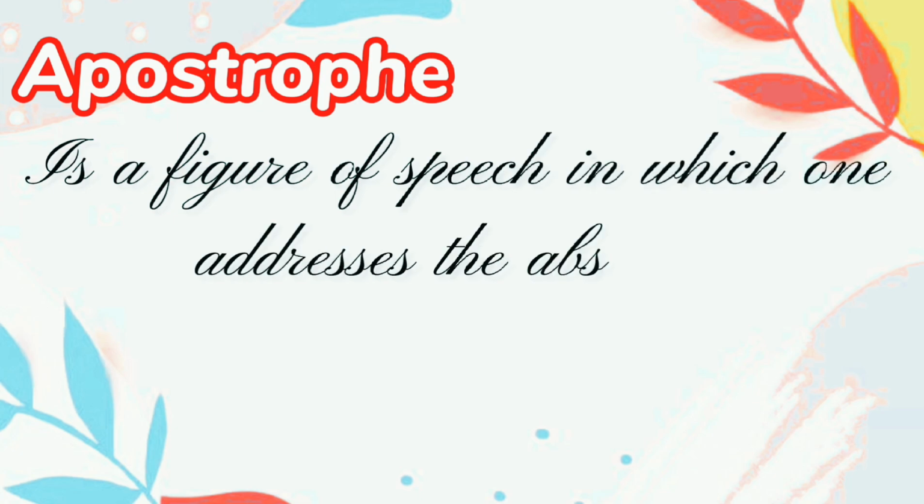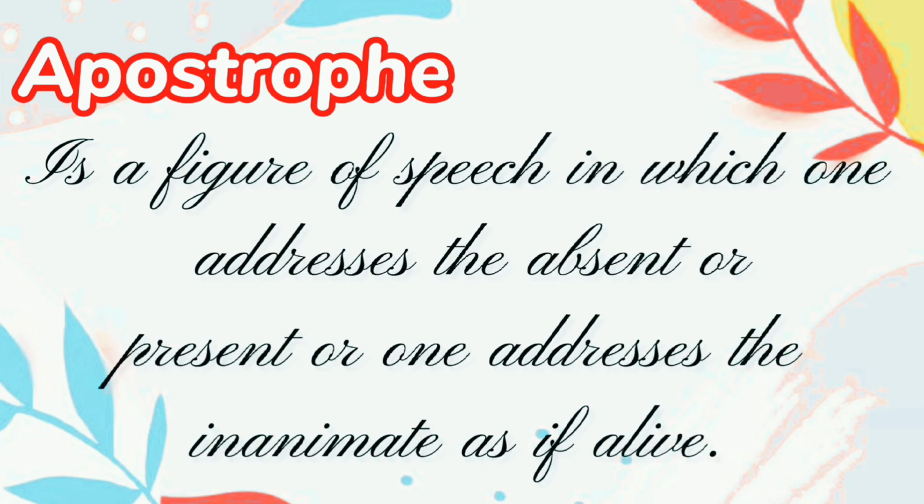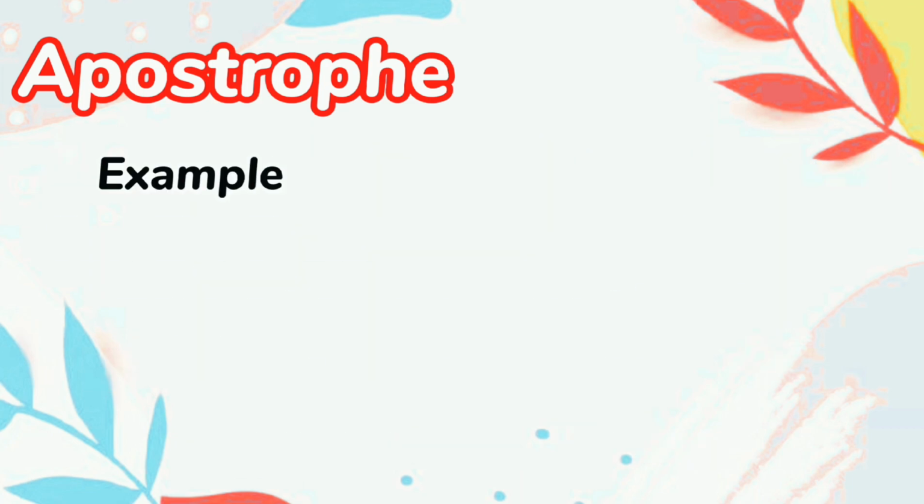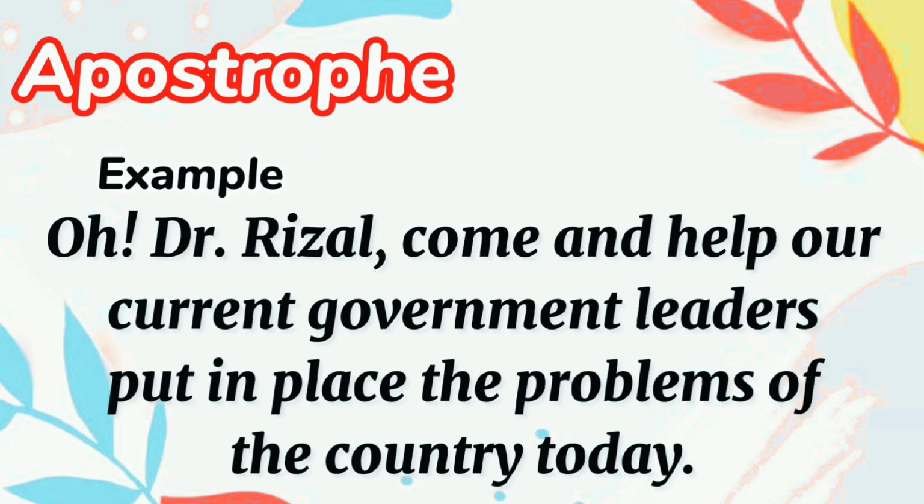Apostrophe. Apostrophe is a figure of speech in which one addresses the absent or present, or one addresses the inanimate as if alive. For example, "Oh, Dr. Rizal, come and help our current government leaders put in place the problems of the country today." In this example, someone is talking to Dr. Rizal as if he is alive.